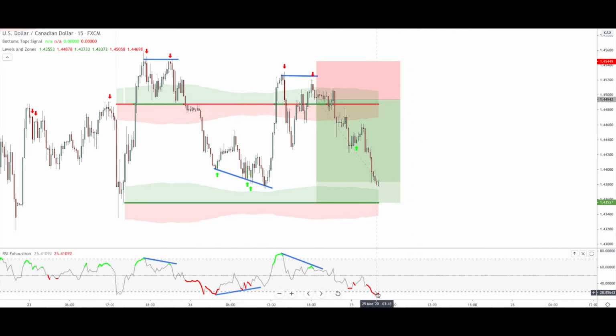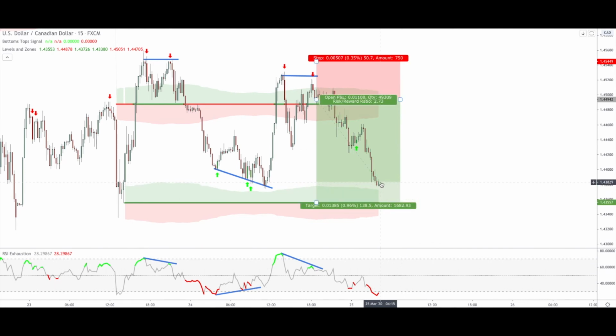Even if it does not stay oversold because it comes back up, it could stay exhausted for a prolonged period of time, which means that since the price is moving down, it should continue to move down.